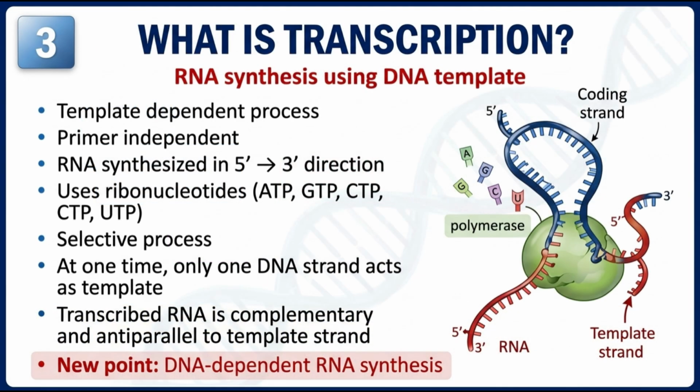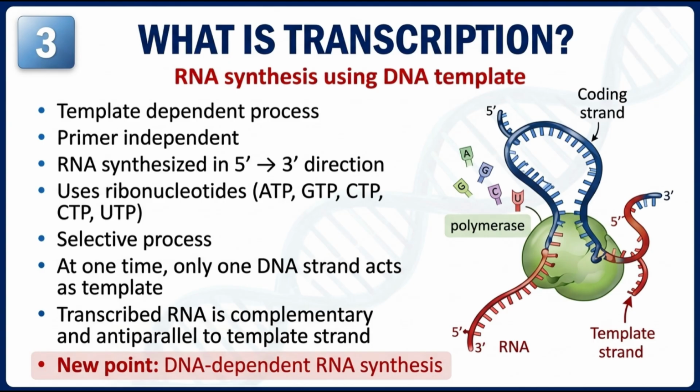What is transcription? Transcription is the process of RNA synthesis using DNA as a template. RNA polymerase reads one strand of DNA and synthesizes a complementary RNA molecule. Several important features characterize transcription. First, it is template dependent. Second, RNA synthesis occurs in the 5' to 3' direction.